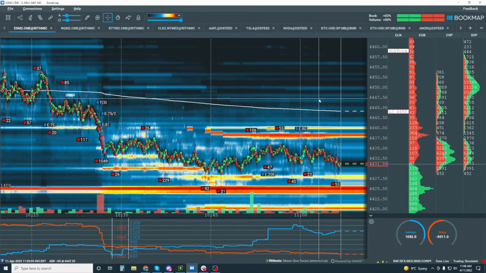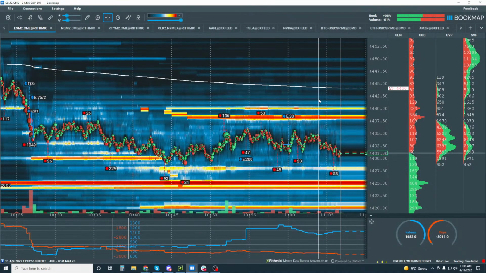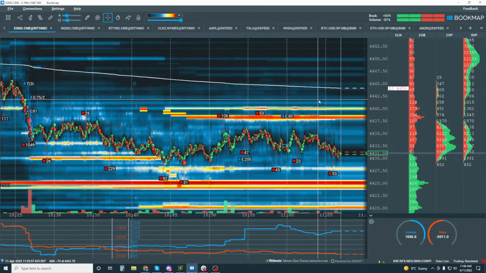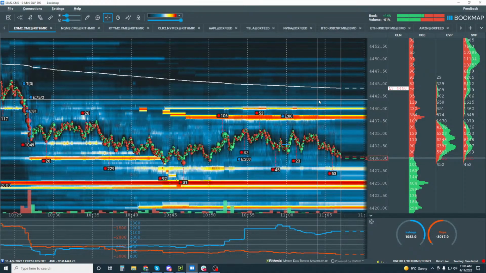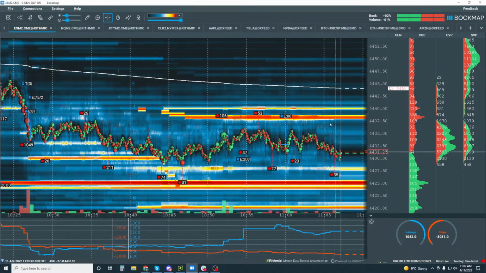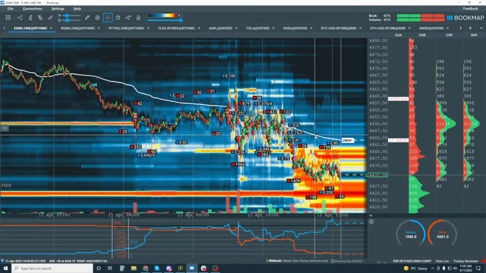Ellie, how do I determine POC? I'm just looking at ranges and volume within ranges. Okay, and there's the point of control, which is the overall high volume node, the most traded level. The way that you can determine that is you zoom out here.